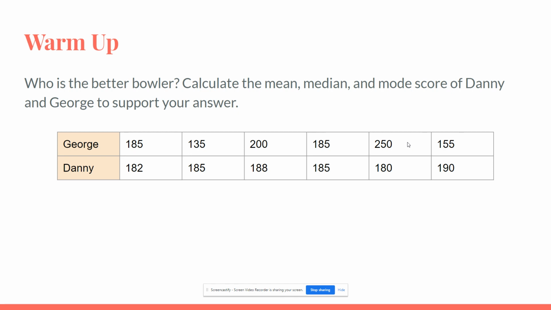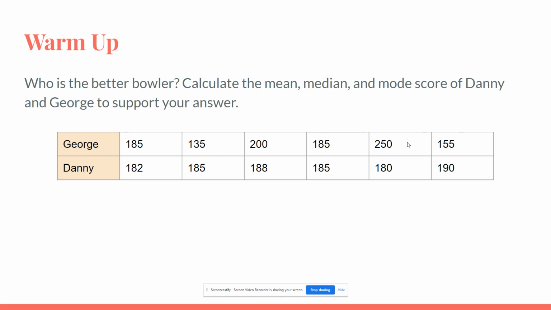All right, you are back, and hopefully you have calculated the mean, median, and mode for Danny and George. You probably noticed that the mean, median, and mode are the same for both people, and they're all 185. So George's mean, median, and mode is 185, same with Danny.